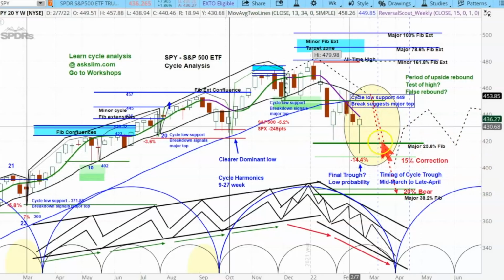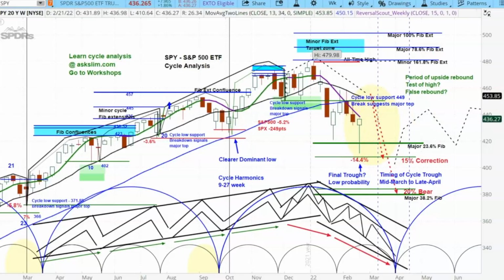So right now we're looking at this rally in here to fail fairly soon and to get down and test that low there, 410 in the SPY, or potentially getting as low as 380 if this turns out to be a full-fledged downward bear move. I doubt that.